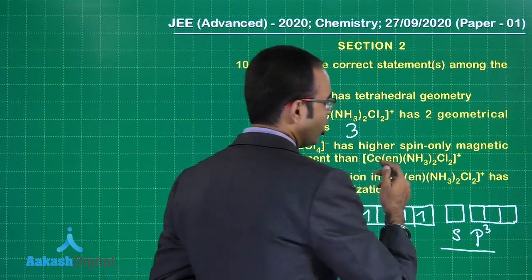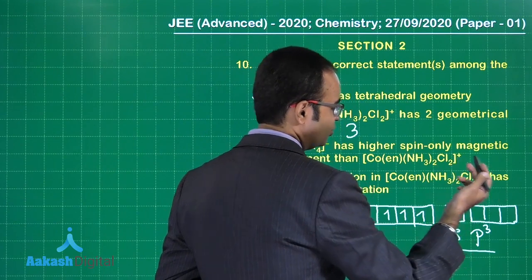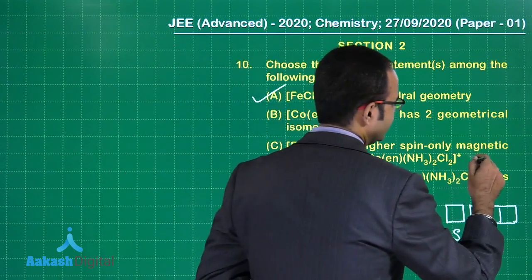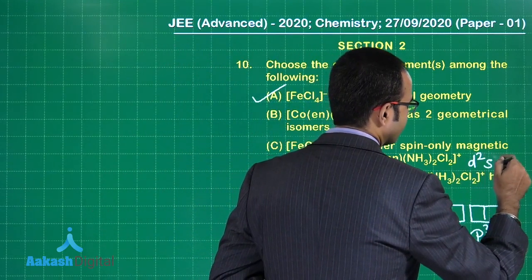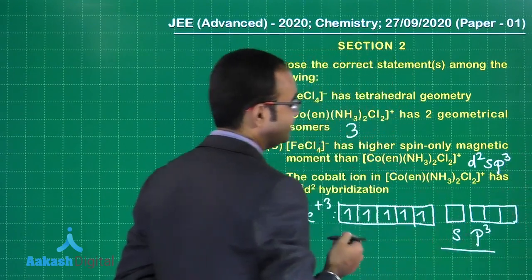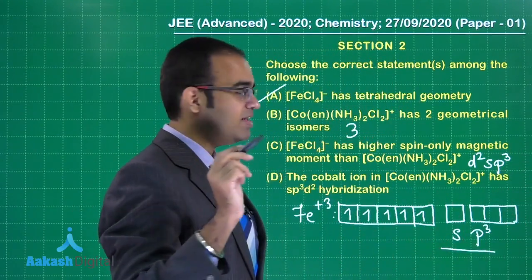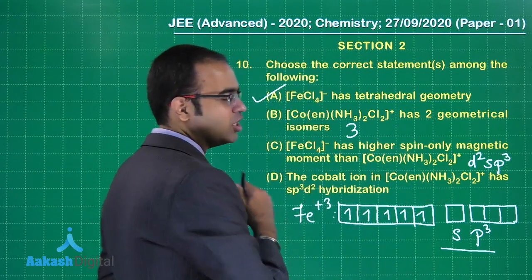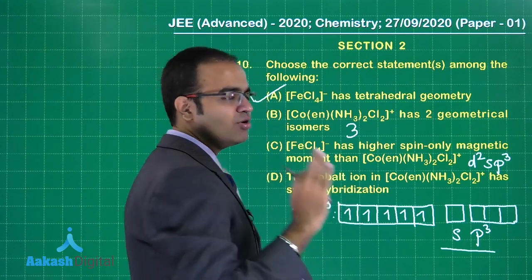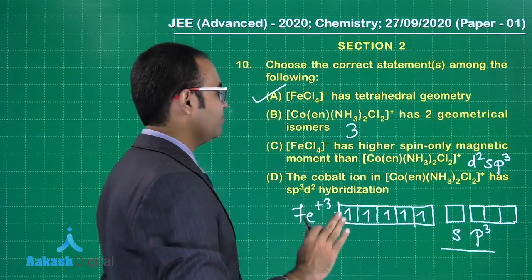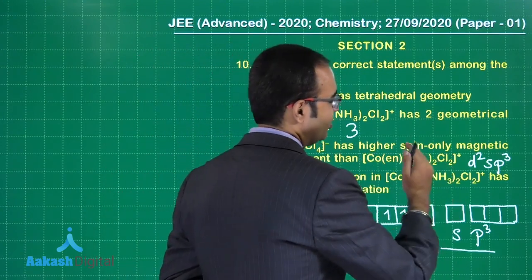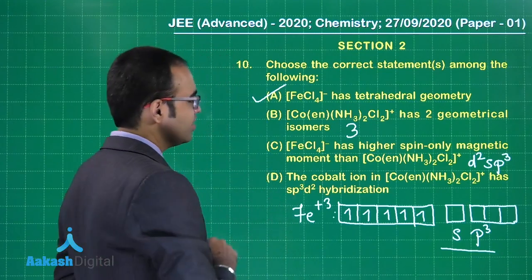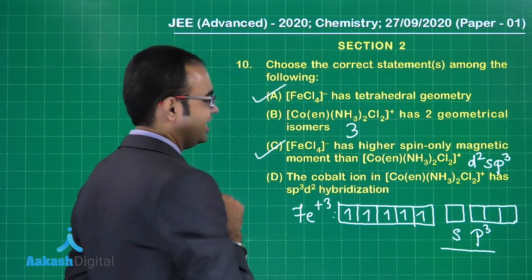If I'm talking about [Co(en)(NH3)2Cl2]+, the ligands are strong, so this will form an inner orbital complex, that is the hybridization of cobalt will be d2sp3. It indicates that all the electrons will pair up. As the electrons are pairing up, you will get magnetic moment of this molecule less than that of FeCl4. Are you understanding this? Yes or no? Okay. So option C is correct.